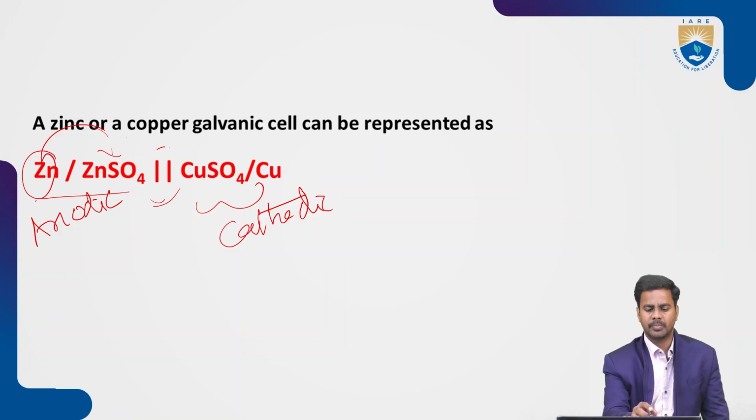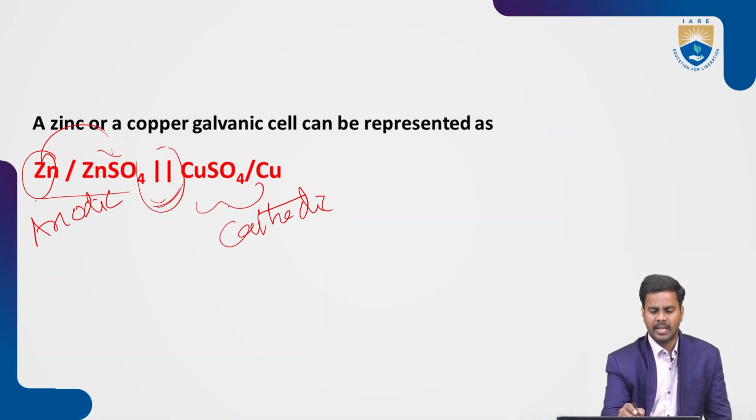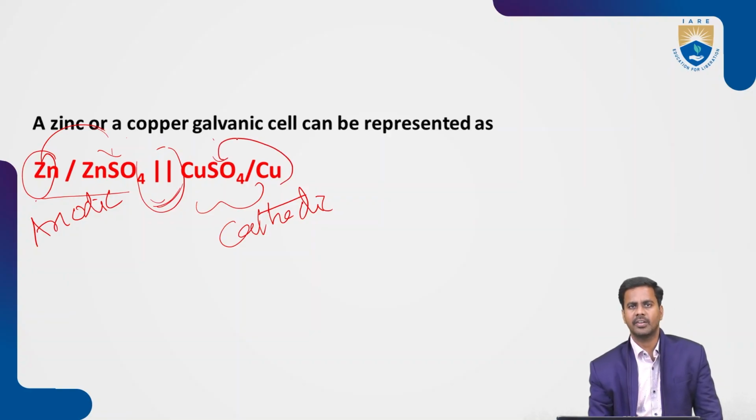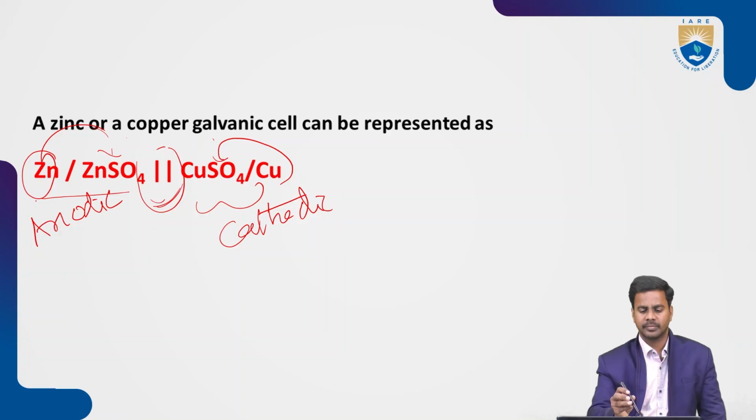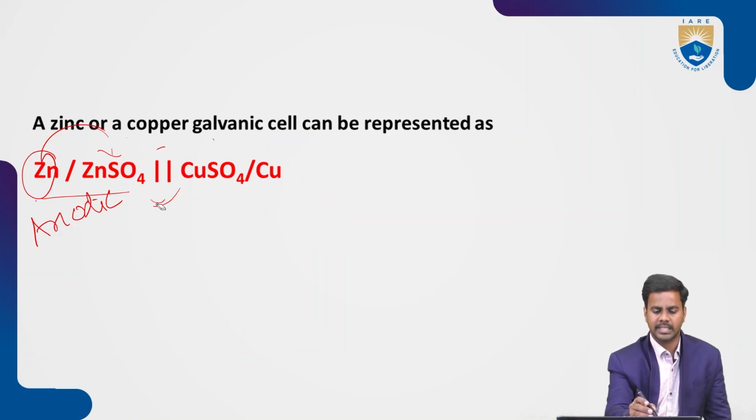So these two compartments are separated from each other by the salt bridge. At the cathode, copper is dipped in its corresponding salt, that is copper sulfate solution. So this is the cell representation of the Daniell cell.